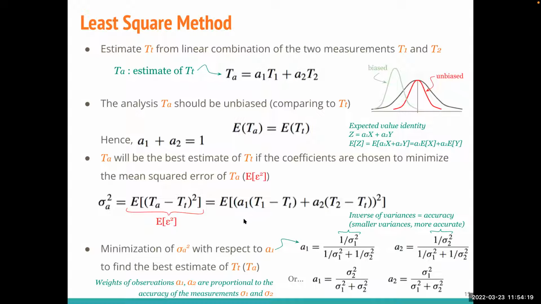Then we can find a specific representation for A1 and A2 in terms of the variances of both of your devices. So if you have the variances of the error coming from your devices, you are supposed to combine the measurements of the two devices with the minimum error.